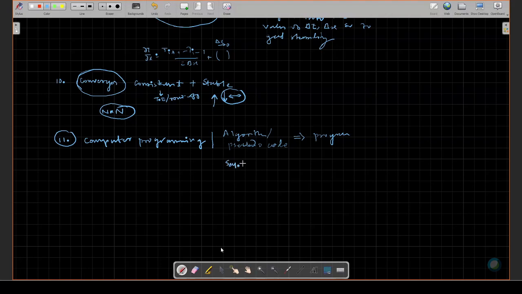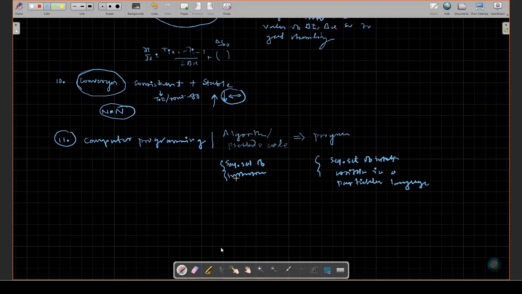So an algorithm or pseudocode is a sequential set of instructions. A program is also a sequential set of instructions written in a particular language, a language known to or understandable by the computer.